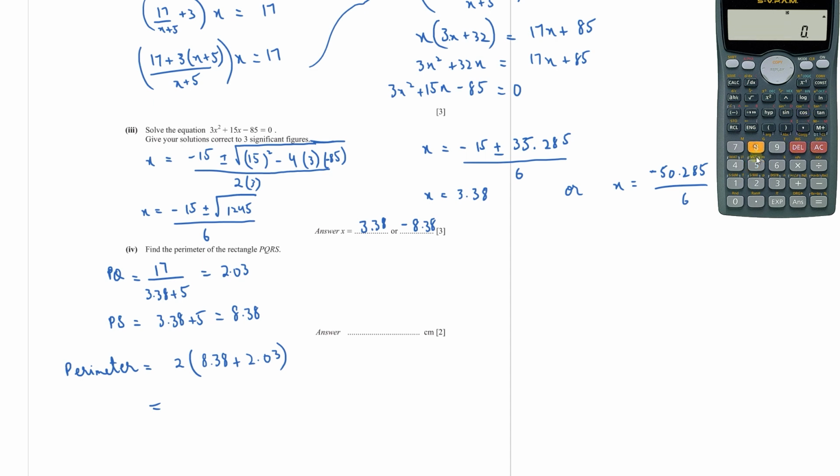So let's calculate that: 8.38 plus 2.03, and then times 2. So this is 20.8, correct to three significant figures. I can write this as 20.8 centimeters.